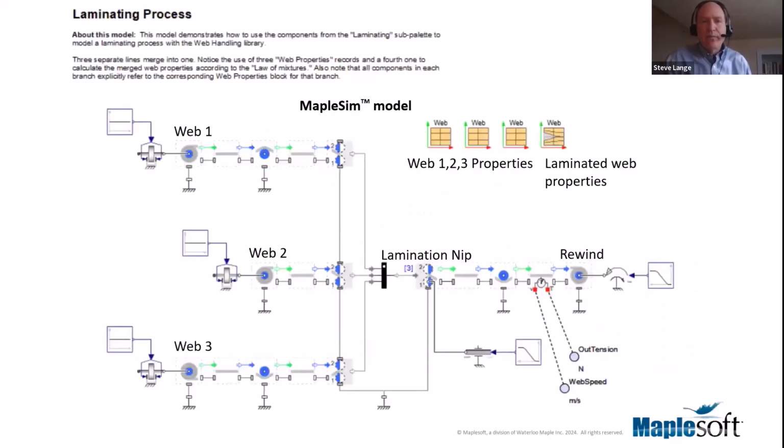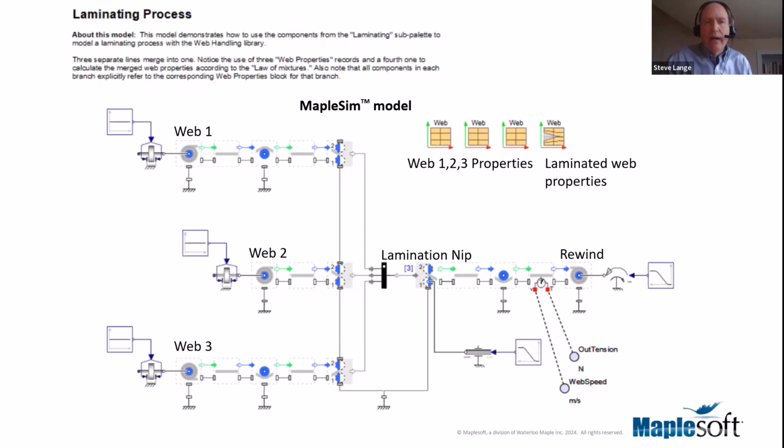So here's how this gets represented in MapleSim's web handling library. We have the 3 webs, web 1, 2, and 3. They each have a brake on the unwind with a fixed braking torque. They come together into a lamination nip.